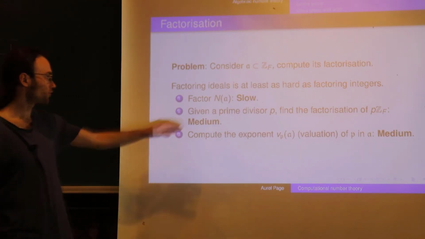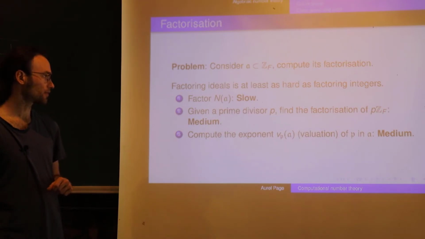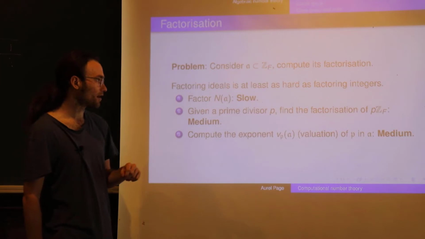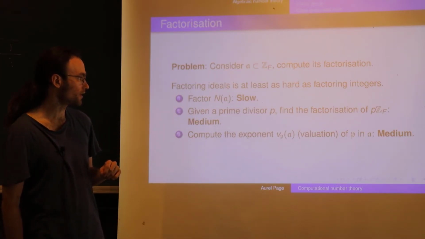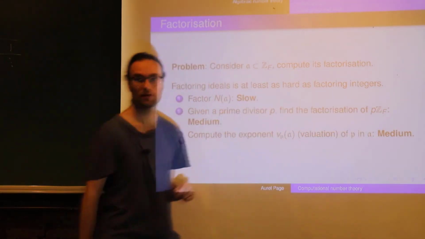So you factor completely the norm and you consider all the prime divisors. Then for each of these prime divisors, you have to find all the prime ideals of the field that appear in the factorization of P in here.